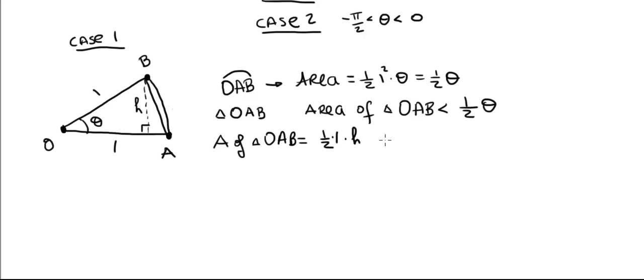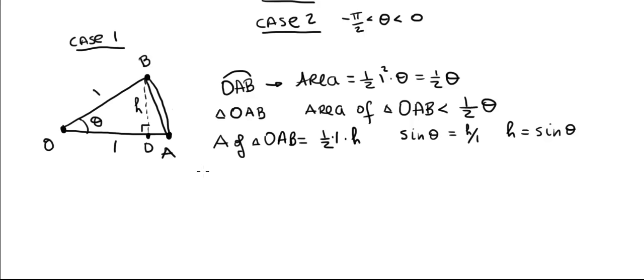If we look closer, and let me call this point right here D, in triangle ODB, it's a right triangle, so the opposite side is h. The hypotenuse is 1, so sine of theta is opposite over hypotenuse. Since the hypotenuse is 1, h equals sine of theta. So the height that we're interested in, as a function of theta, is just sine of theta.